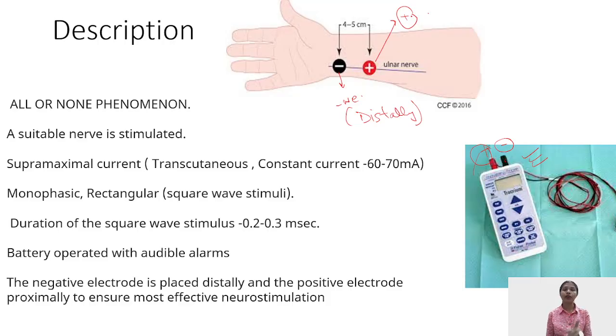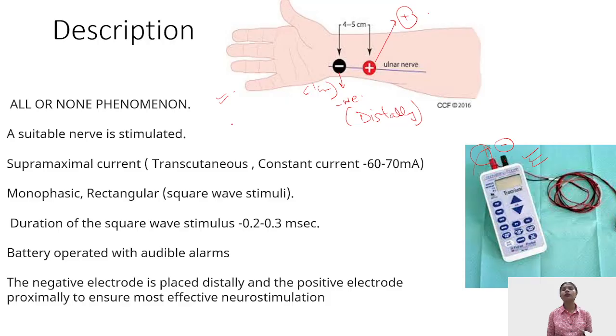So the negative electrode is always put a bit distally, around 1 centimeter from the crease if we are measuring the ulnar nerve, and the positive is always proximal. All or none phenomena I've already described to you. A suitable nerve has to be stimulated. You can choose any nerve.